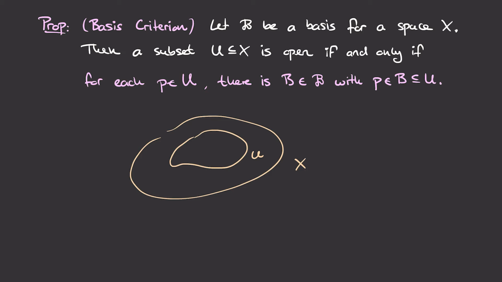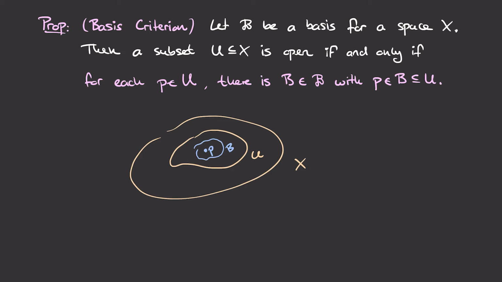Whenever we take a point P in that subset, there is some basis element that contains P. This is the basis element B. And moreover, that basis element B is contained within the subset U. So if for every point in U we can find such a basis element that contains P and lies entirely within U, then U is open, and conversely, if U is open, then this condition holds.